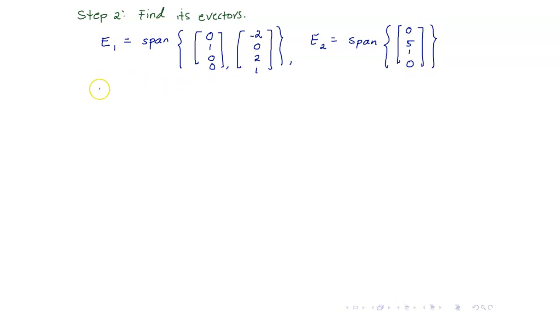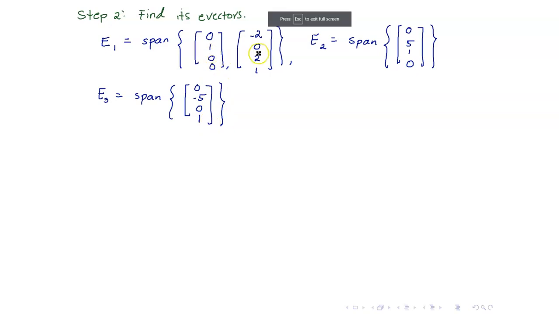And lastly, the eigenspace corresponding to lambda equals 3 is the span of 0, negative 5, 0, 1. We have 1, 2, 3, 4 linearly independent eigenvectors here, so therefore A is diagonalizable.